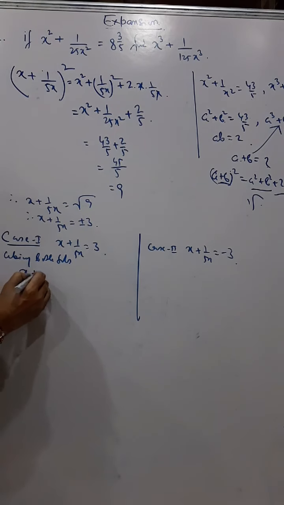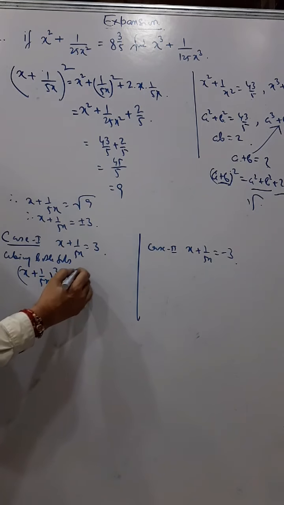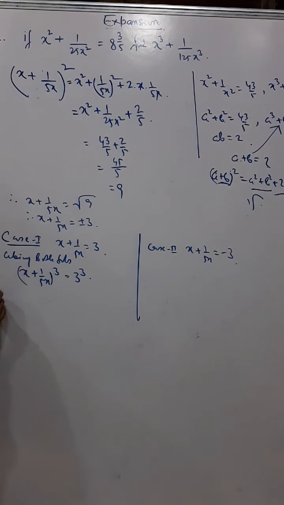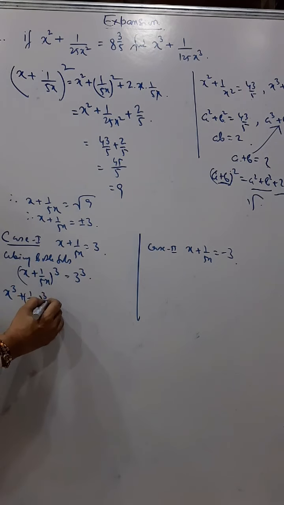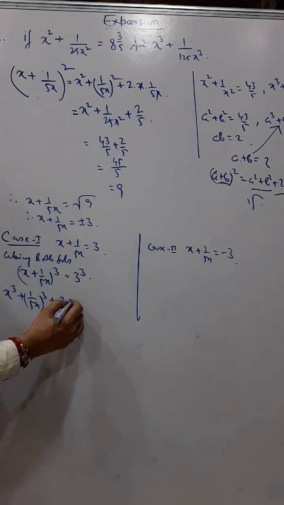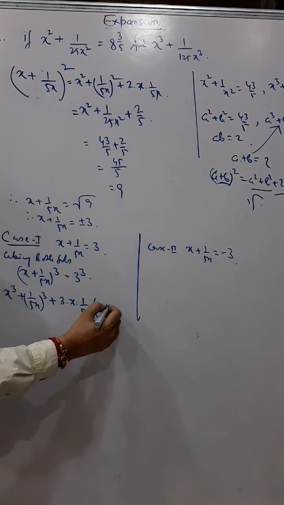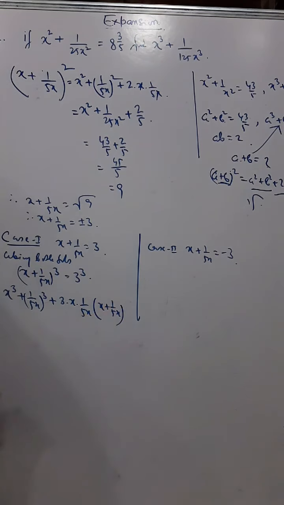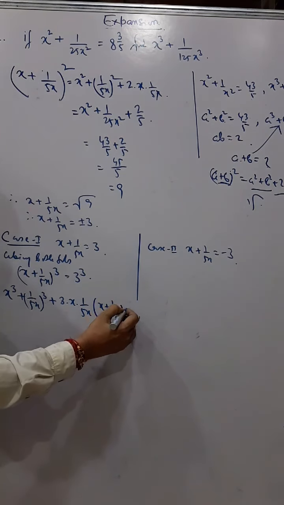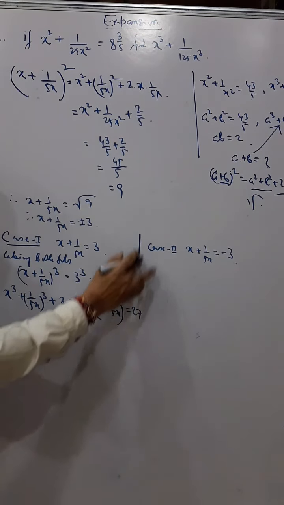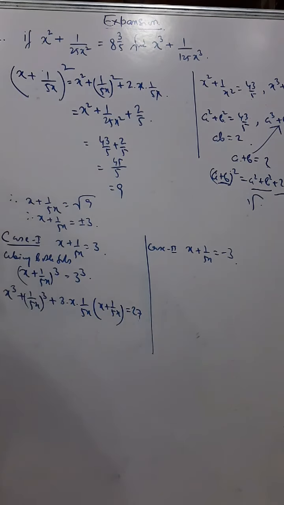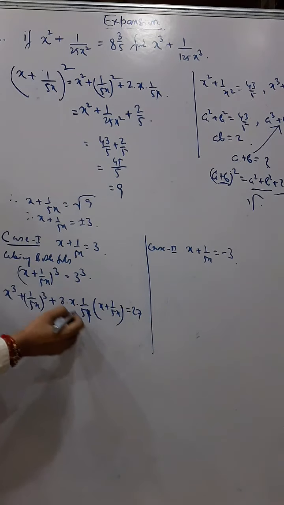So I get x plus 1 by 5x whole cube is equal to 3 cube. And then what I get? I get a cube plus b cube plus 3 into a into b, bracket a plus b, and that is equal to 27. Okay, and then you know how to do this after this.